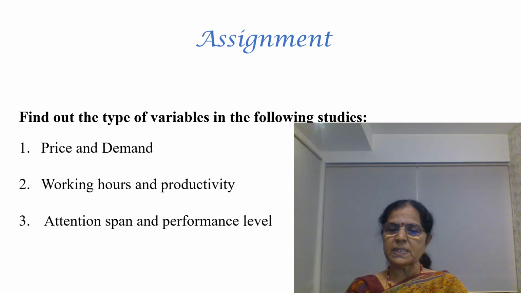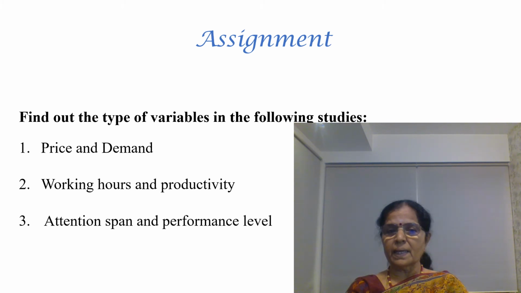So here we can see the cause and effect relationship. The increase or decrease in price is the antecedent and the increase or decrease in demand will become the consequent. The price influences the demand.